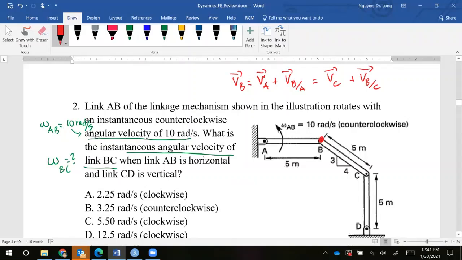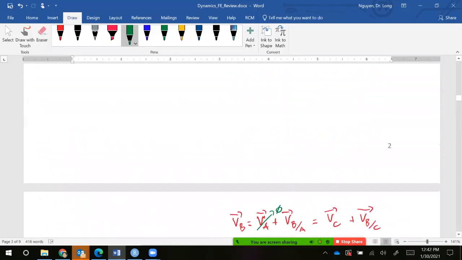And then two equations, two unknowns in here. The one is omega BC and VC. Because you already know this is 0. This is 0. VB relative to A, you already know that is tangential to the path, in this case perpendicular to the radius AB. So you can solve similar to the first problem, write X and Y components. And VC is equal to omega CD times CD, and then VB relative to C is exactly the same.